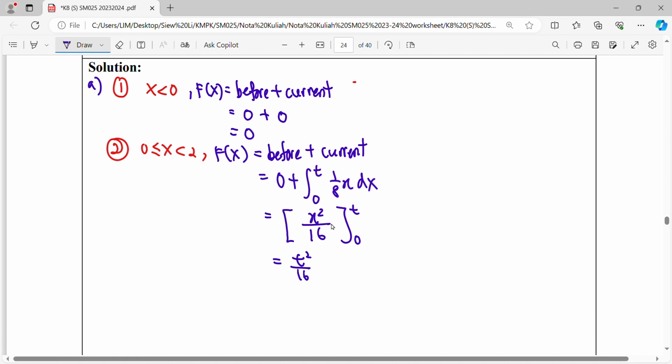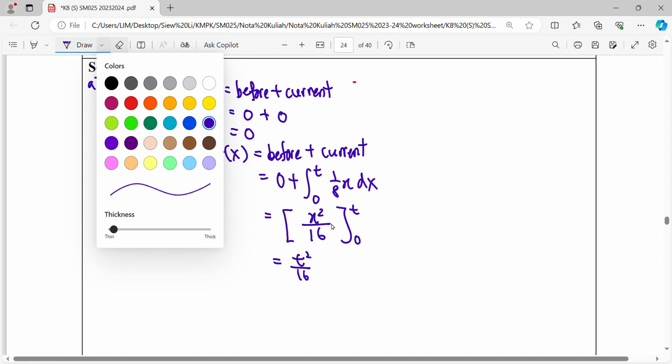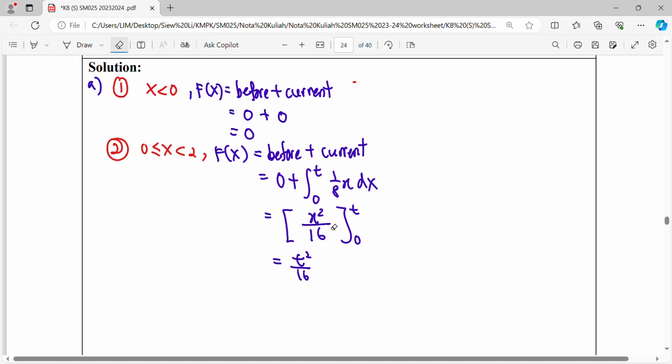But our function is in terms of x. If you write it like this, it will be a bit confusing, so it will be better to write it as x. So I will integrate from 0 until x.